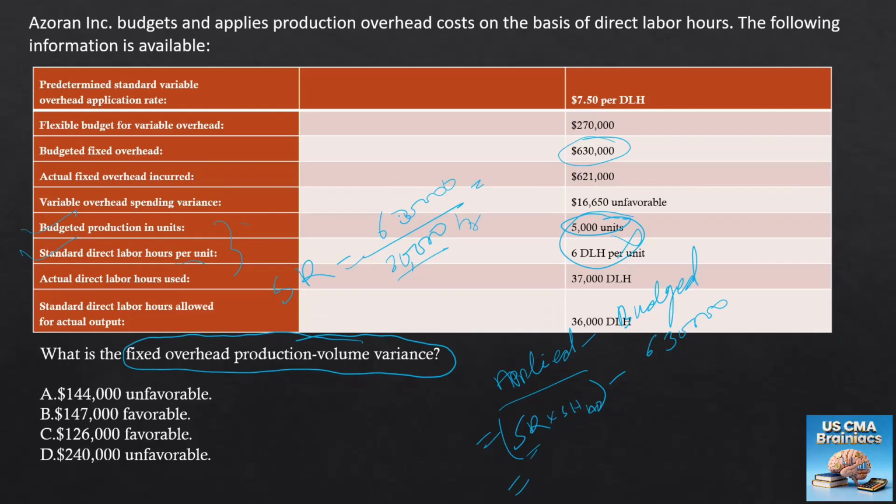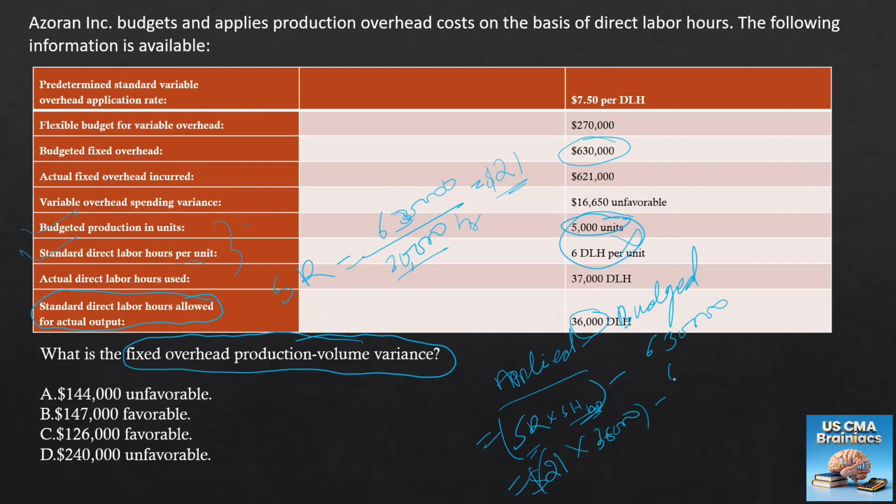So what is the answer for the standard rate? 21. 630,000 divided by 30,000 is 21. Then the standard direct labor hours allowed for actual output are 36,000.